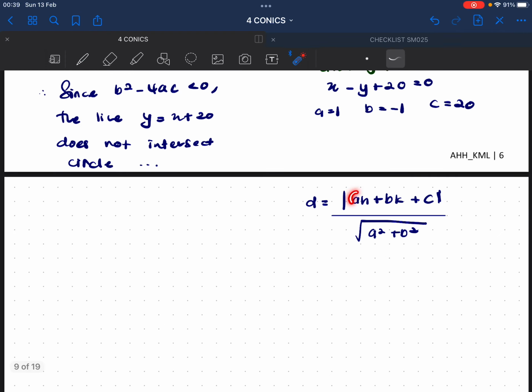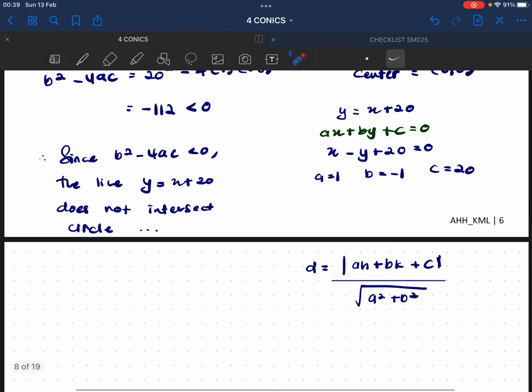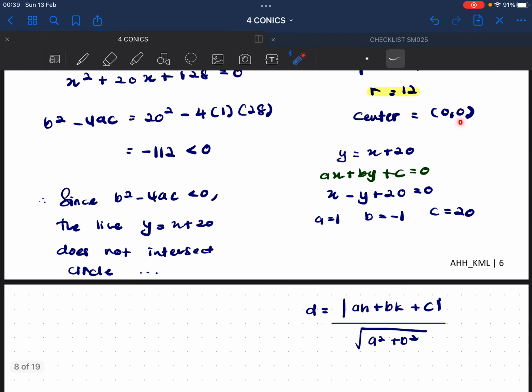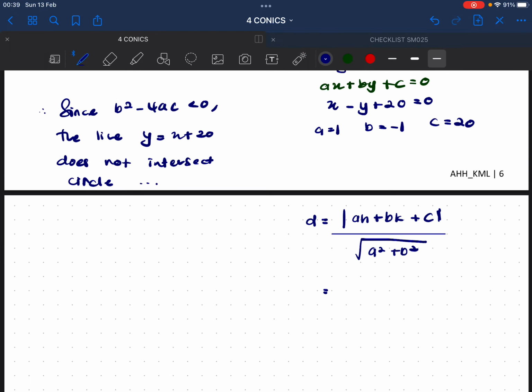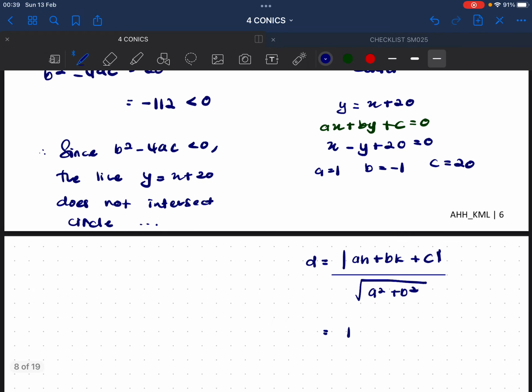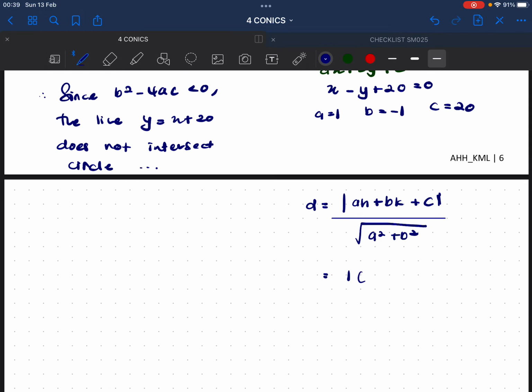Remember, your a, b, and c are from the line in this form, and your h and k are the center. So we substitute: a is 1 times the center x, which is 0, plus b is -1 times the center y, which is 0, plus c, which is 20, modulus, over square root of a squared plus b squared.